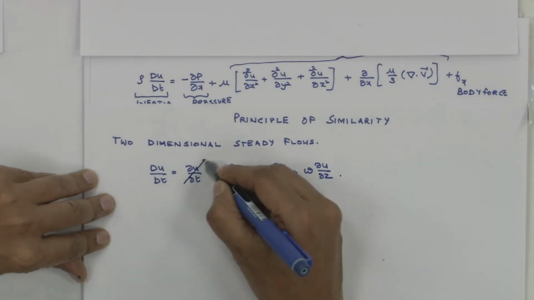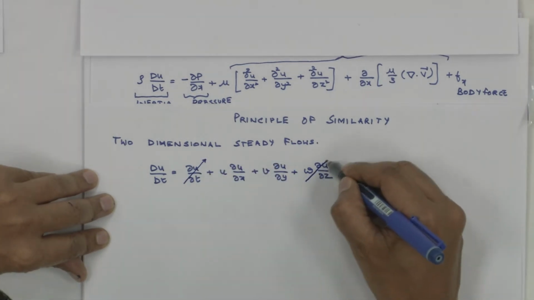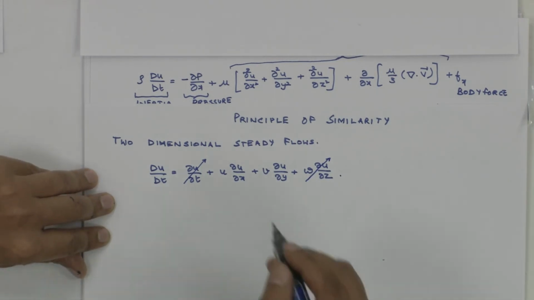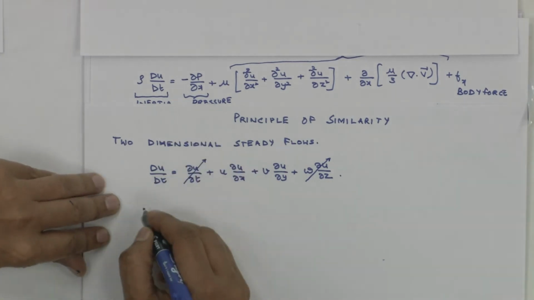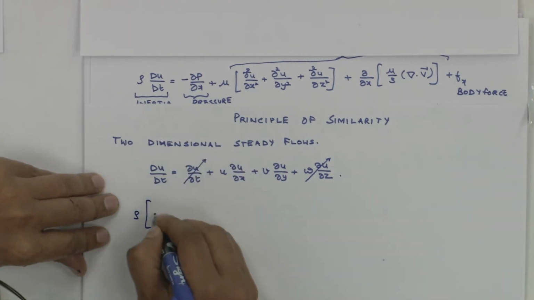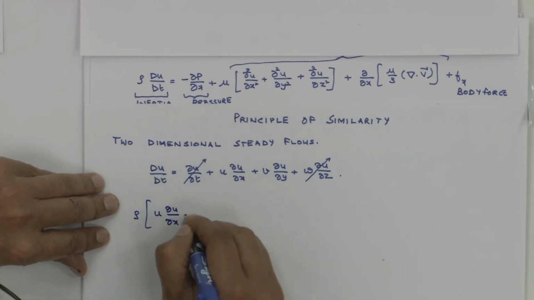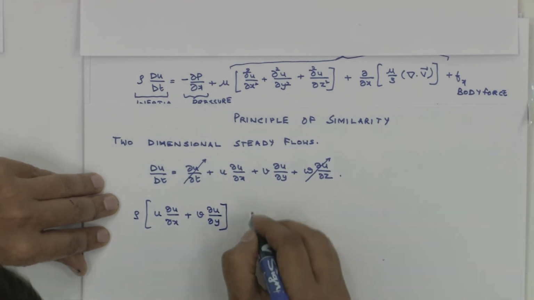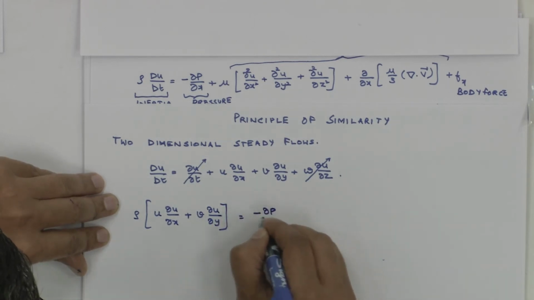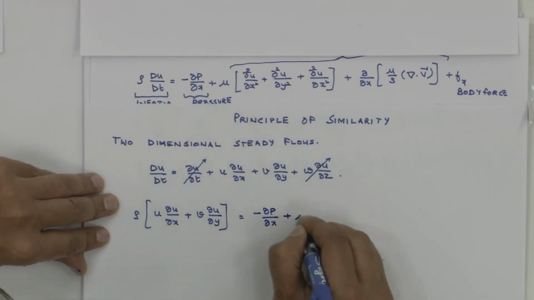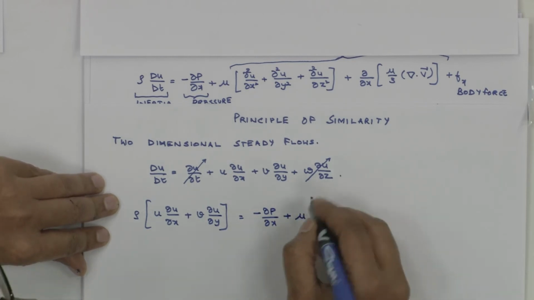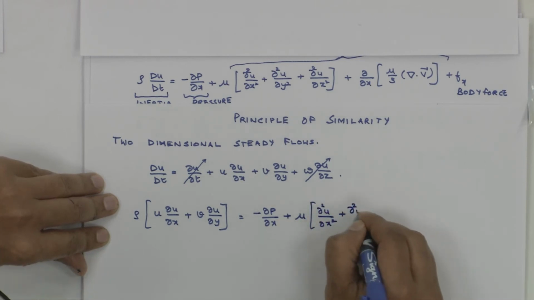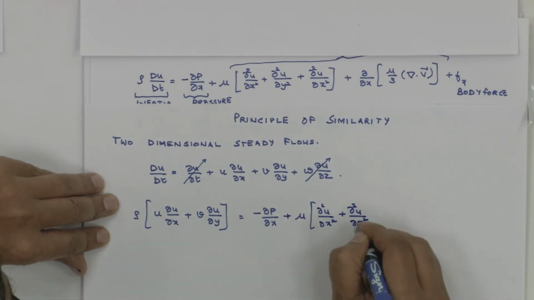Steady means the time term would not be there, and for two-dimensional flow, there will be no variations in z. So the left hand side becomes rho times u del u by del x plus v del u by del y, equal to minus del p by del x plus mu times del squared u by del x squared plus del squared u by del y squared.